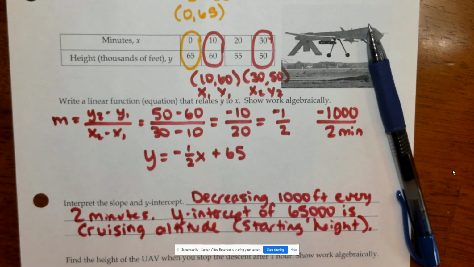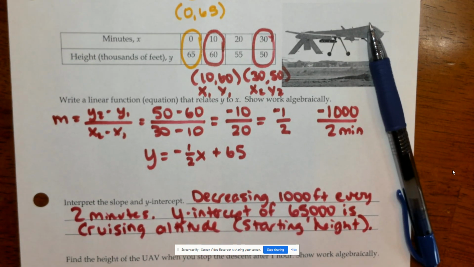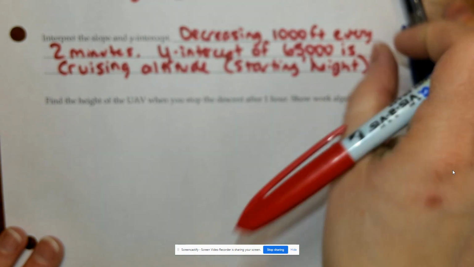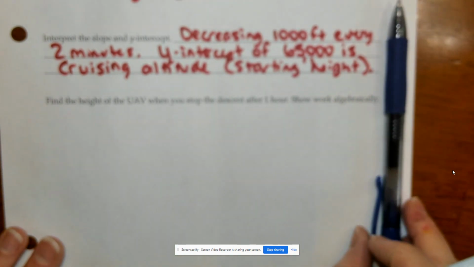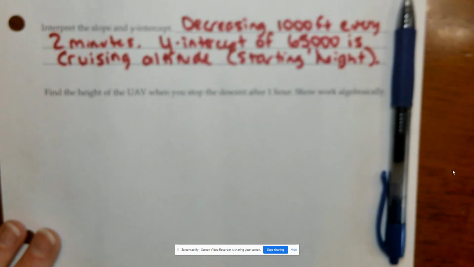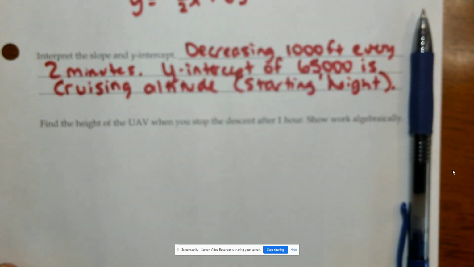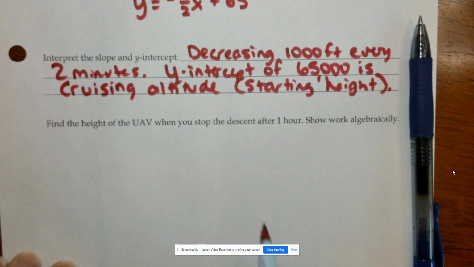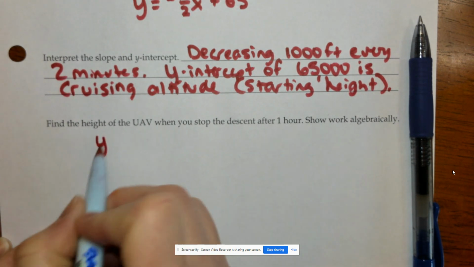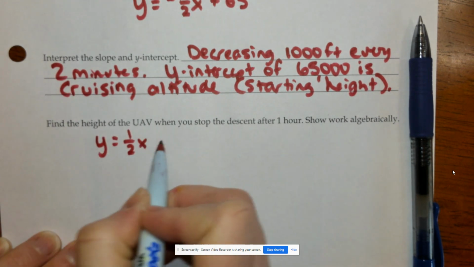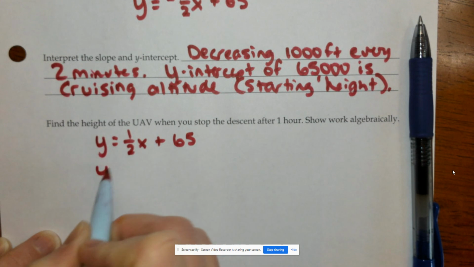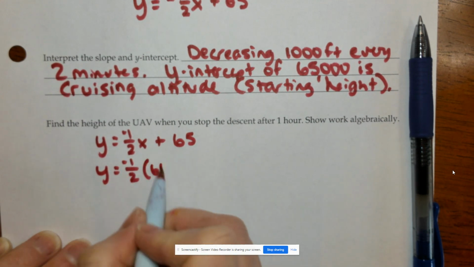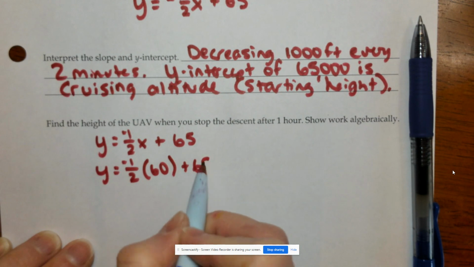Now that we've got an equation, it's really easy to find anything else that we need. Find the height of the UAV when you stop the descent after 1 hour. Now remember, the data was not in hours. The data in the table was in minutes. So instead of 1 hour, we're going to need to talk about 60 minutes. So we would say y equals negative 1/2 x plus 65. So we're going to look at after 60, negative 1/2 times 60 plus 65.